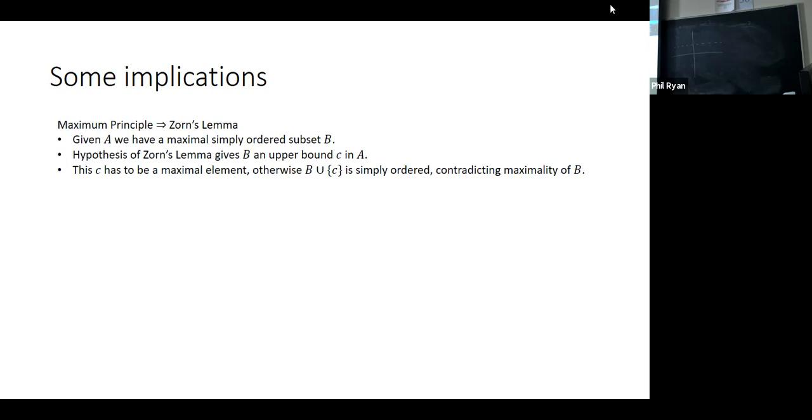Because if C is bigger than everything in B, we can add C to B and still keep it simply ordered, and that contradicts the maximality of B. So the maximal principle gives us Zorn's lemma pretty straightforwardly.